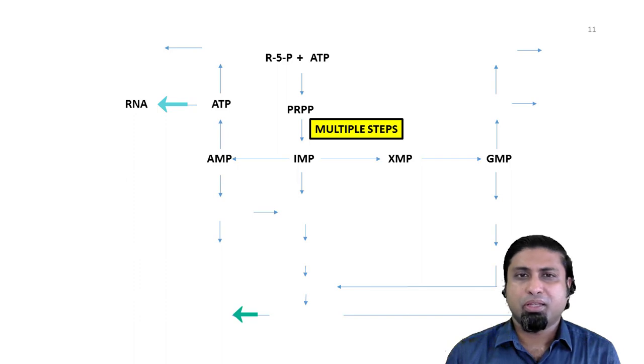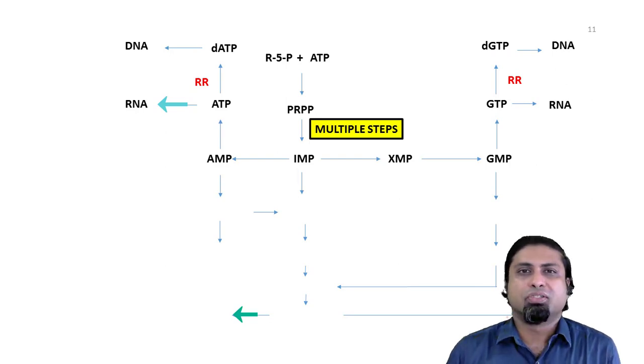But if we want to incorporate ATP into DNA, we should first convert it to deoxy ATP, and this is possible with the help of an enzyme known as ribonucleotide reductase. Similarly, GMP can be converted to GTP, which is incorporated into RNA, and GTP can be converted to deoxy GTP with the help of ribonucleotide reductase again. And this can subsequently be used for the formation of DNA. So this is how purines are incorporated into nucleic acids.